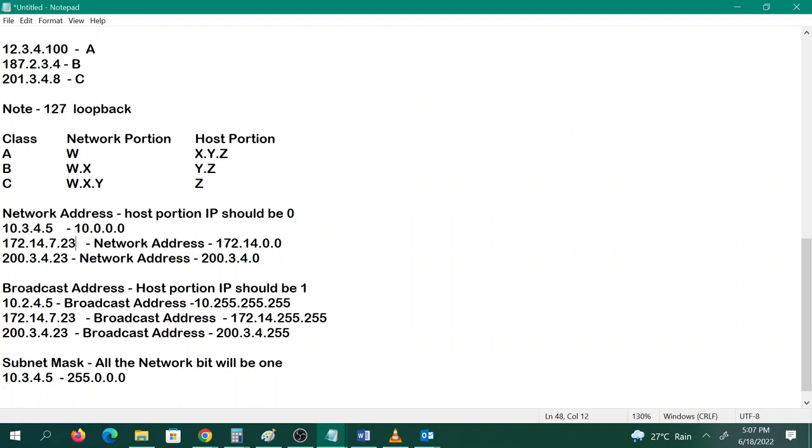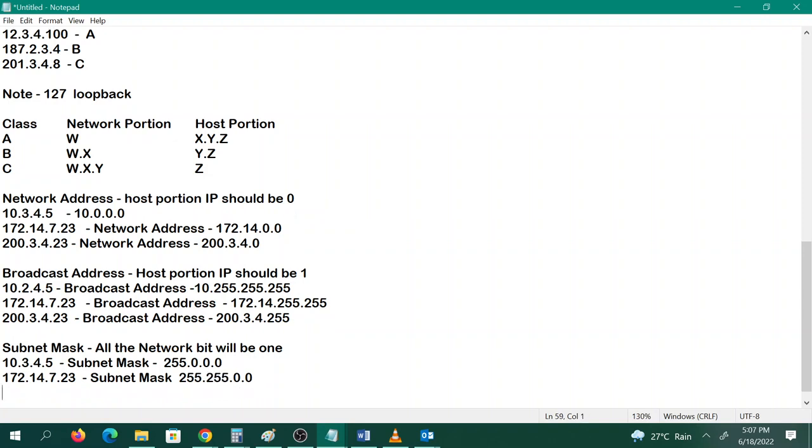Suppose for the second IP, if you want to know the subnet mask, 2 octets will be the network portion. So if we turn them on, it will be 255.255.0.0.